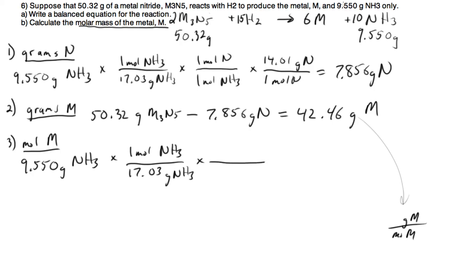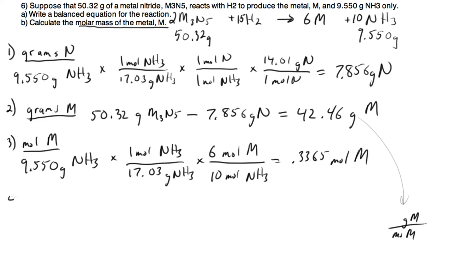I know the mole ratio here of my metal to NH3. I could have also started with grams of nitrogen and used my mole ratio here, and I would have gotten the same answer. So I'm going to use 6 moles of my metal M, because it's by itself, to 10 moles NH3. That's going to give me 0.3365 moles of my metal M.